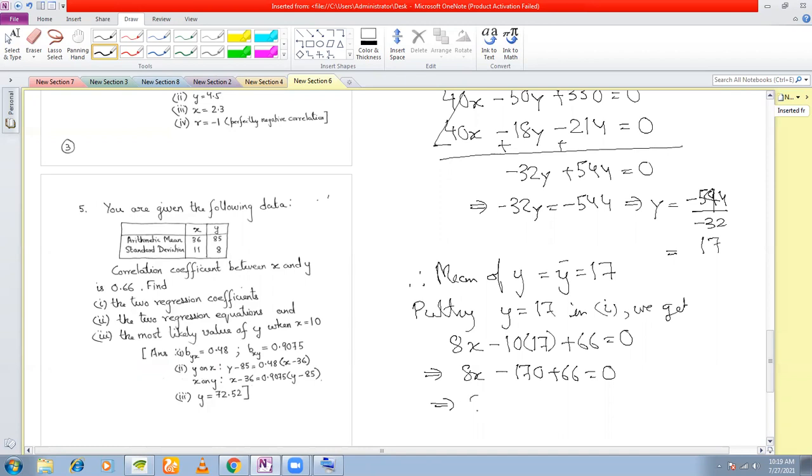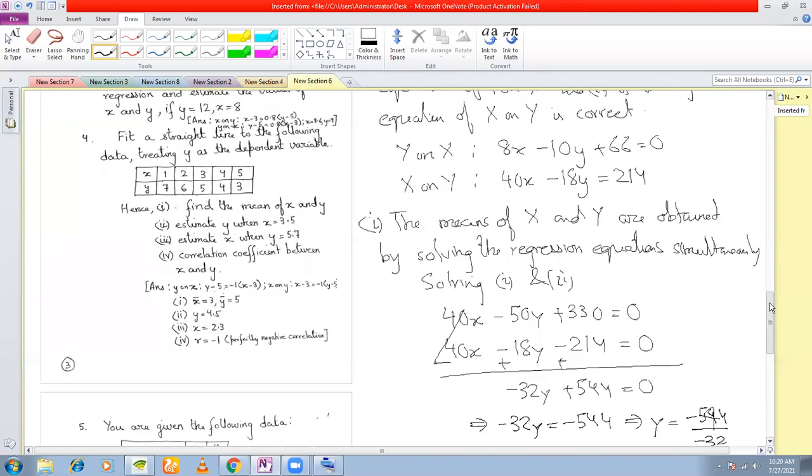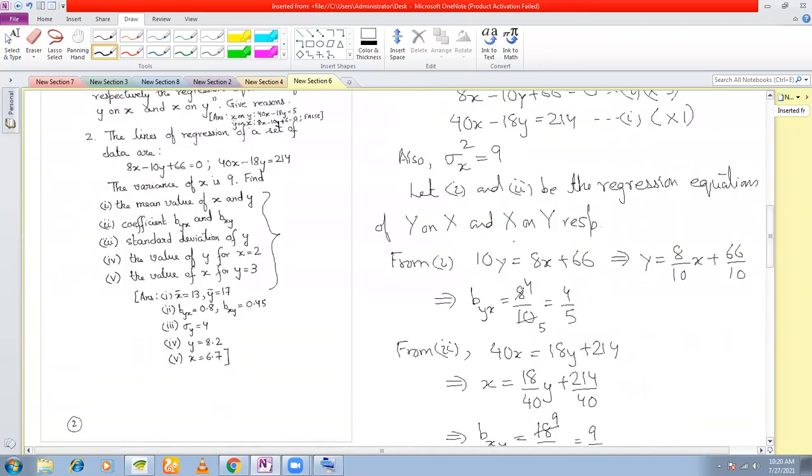You get 8x is equal to 170 minus 66. 8x is equal to 104. Means you get x is equal to 104 divided by 8, which is 13. Therefore, what is the mean of x? x bar is equal to 13. That answers the first part of your question, to find the mean of x and y. Okay, is this clear?